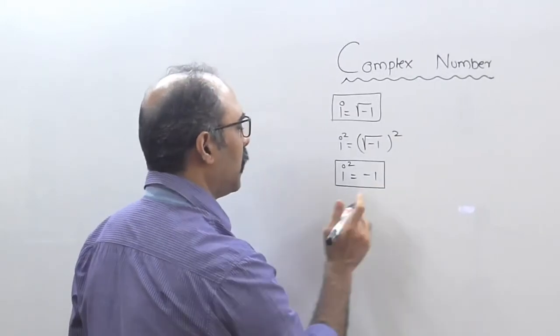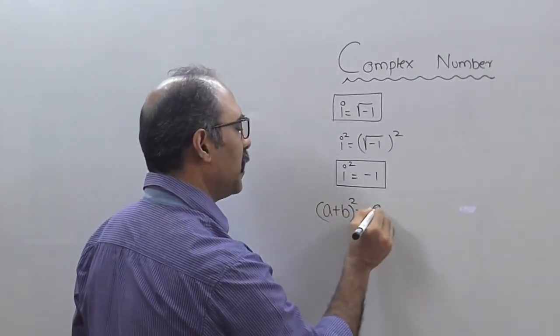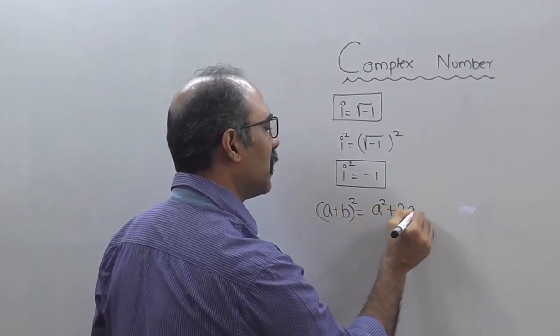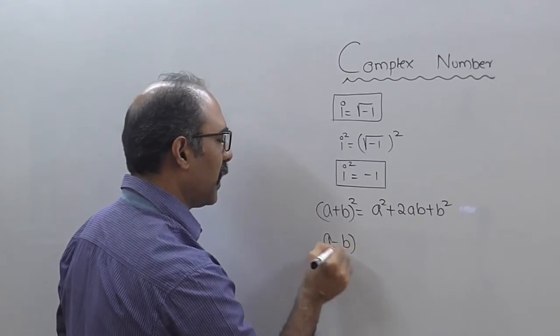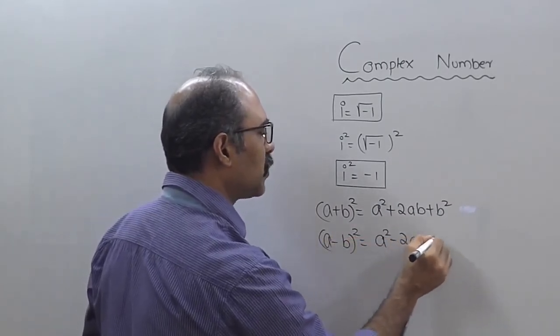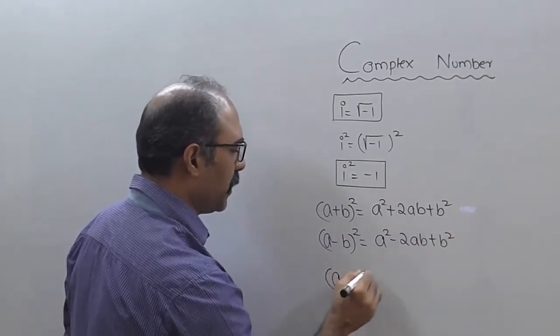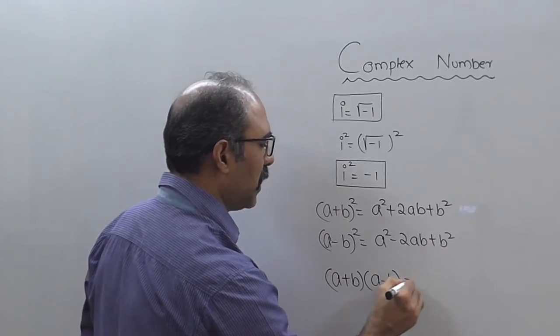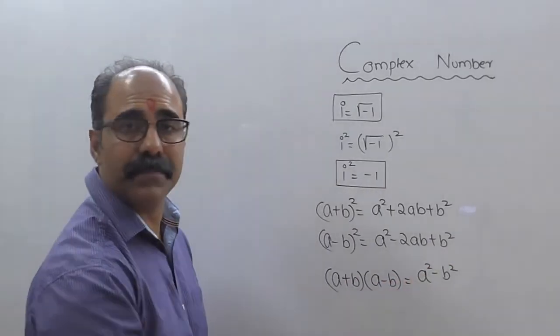Now I just want to give you some basic formulas. A plus b the whole square, which is a square plus 2ab plus b square, followed by a minus b the whole square, which is a square minus 2ab plus b square. Then you have got a plus b multiplied by a minus b, which is a square minus b square.